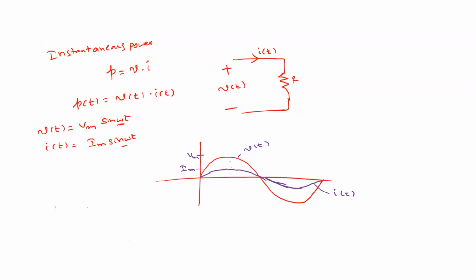The voltage is positive and the current is also positive, so the product is positive. What about the negative half cycle? Both are negative, so the product is again positive. So this is p of t, which is Vm Im sine square omega t.